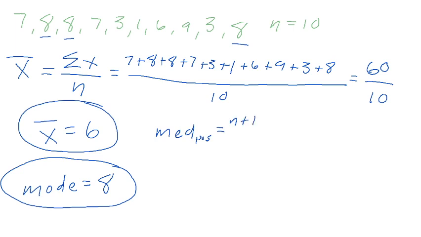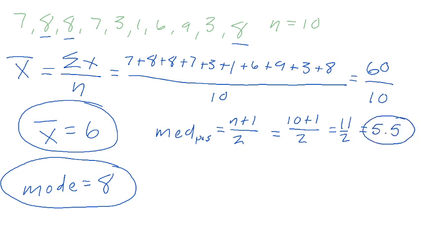I'm going to take n plus 1 divided by 2. In this case, our n is equal to 10. So we're taking 10 plus 1 all over 2. That equals 11 over 2, which gives us 5.5. This is the position in the data set that we need to find in order to determine the median.